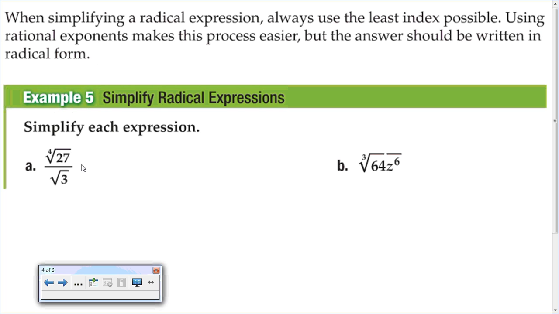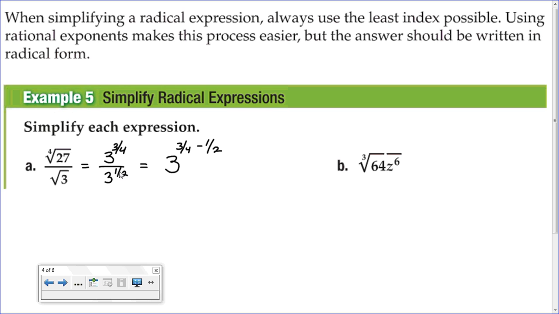Okay, so on this one, I've got the 4th root of 27. Now 27 is 3 to the 3rd power. So this is actually the 4th root of 3 to the 3rd power, or 3 to the 3/4 power. Okay? On the bottom, this is 3 to the 1/2 power. And recall your rules with exponents. This is actually going to be 3 to the 3/4 minus 1/2 power.